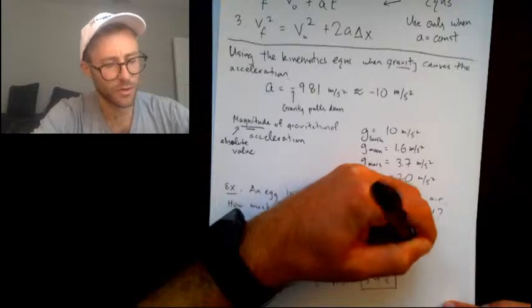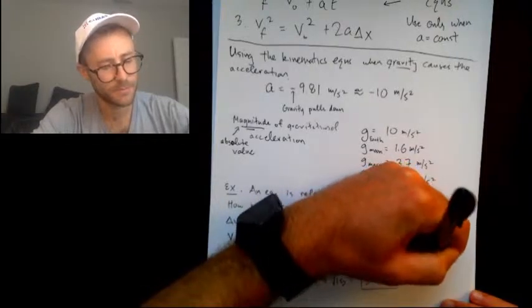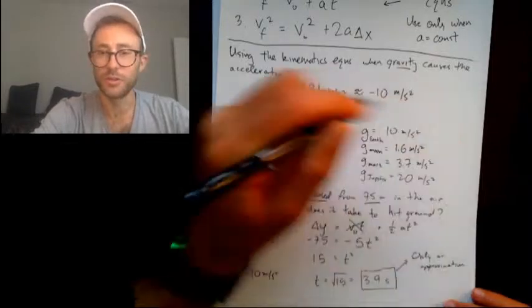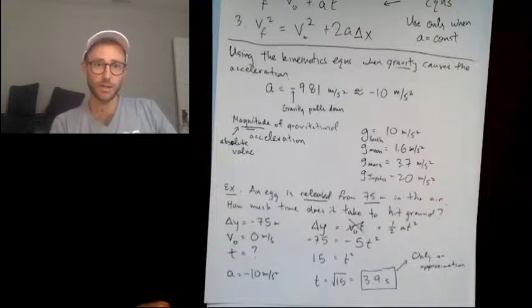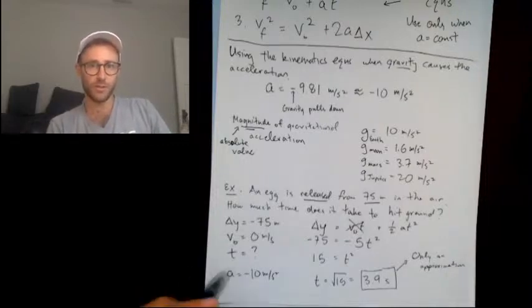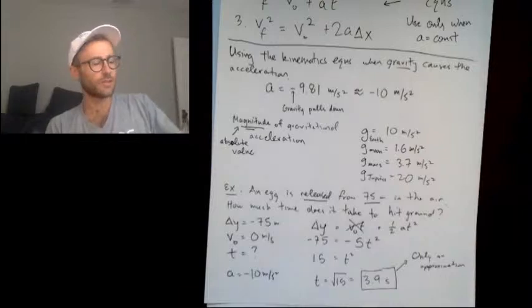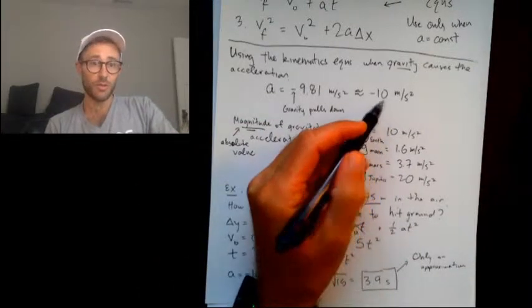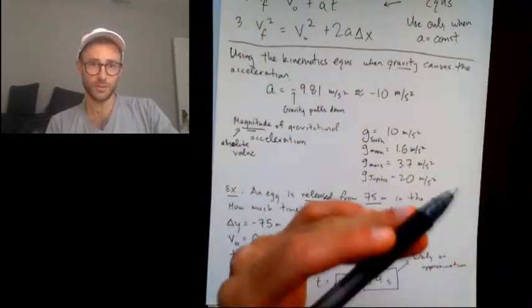This is only an approximation. Okay? The reason I say that is because if you are launching projectiles near the surface of the Earth, it has an atmosphere. So this is the acceleration caused only by gravity. But there are other things that can cause an egg to accelerate, like air resistance.